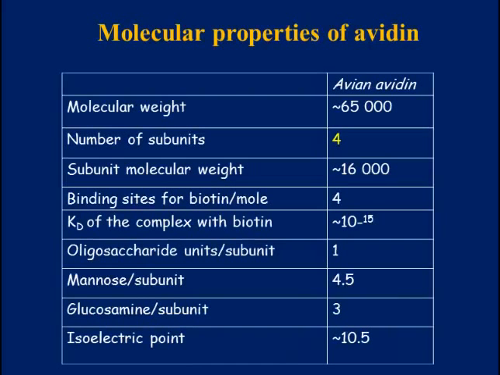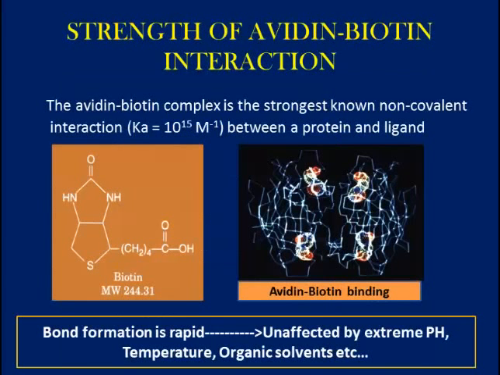Avidin has subunit molecules. The avidin-biotin complex is the strongest known non-covalent interaction. As you see, four biotins can bind to one avidin molecule. It's very stable, unaffected by extreme temperature, pH or organic solvent.